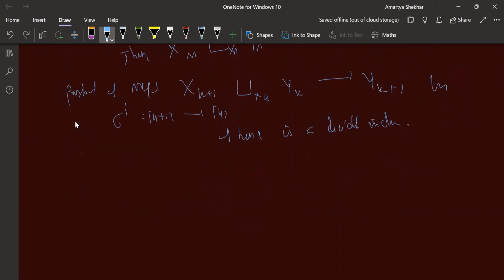So now, okay, let me write this down. So for all, we have the factorization. Let me write this continuation. So we have the following factorization.